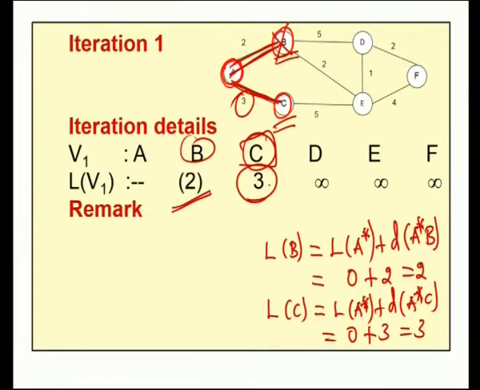Therefore, in iteration 1, the node B has label value 2 and the node C has label value 3.